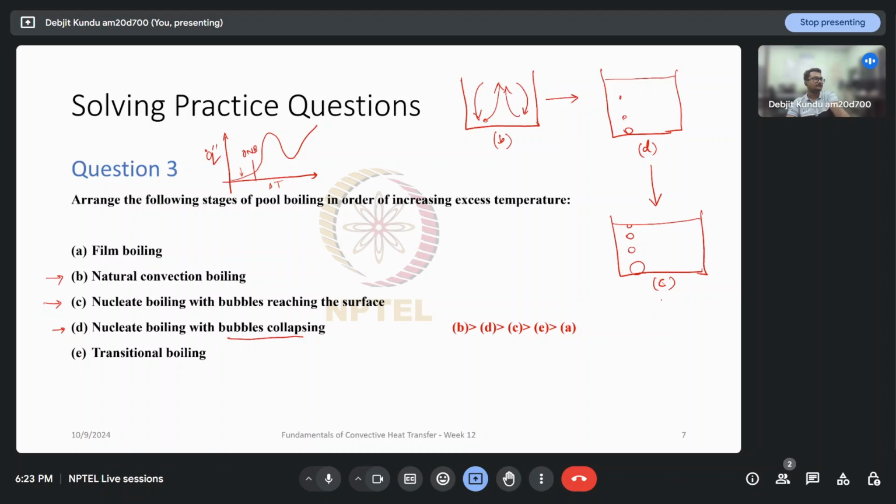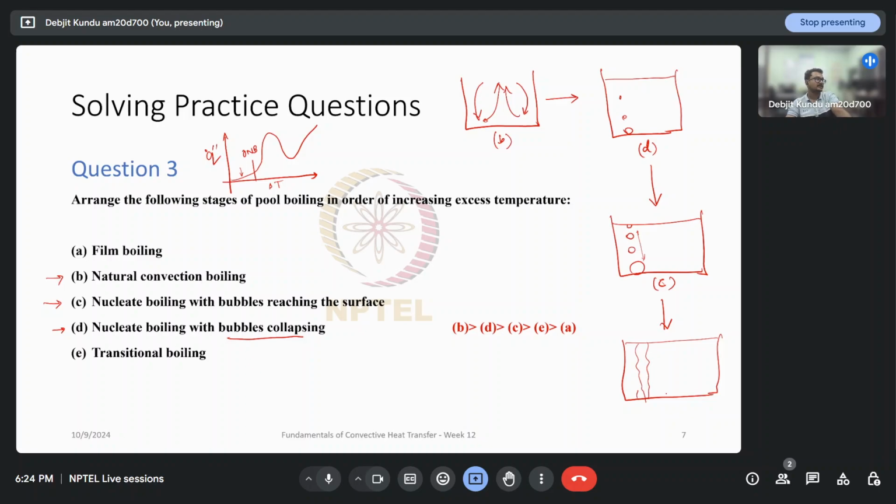Now, moving far beyond it, we saw earlier that these bubbles will start coalescing with each other. Let me draw the different things that happen. One thing is if the frequency of these bubbles releasing increases, then they coalesce vertically. If I have multiple bubbles like this in the vertical region and they coalesce with each other, I will form a continuous jet like this.